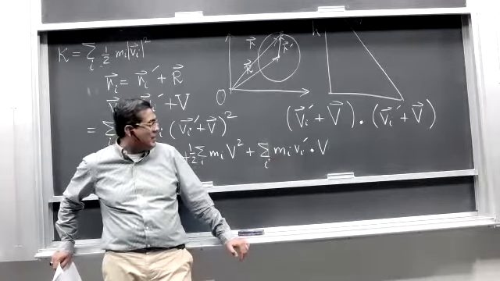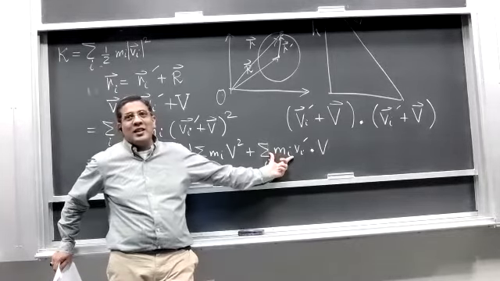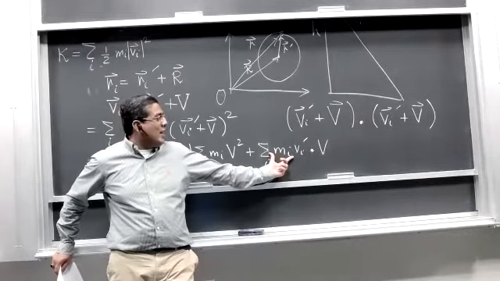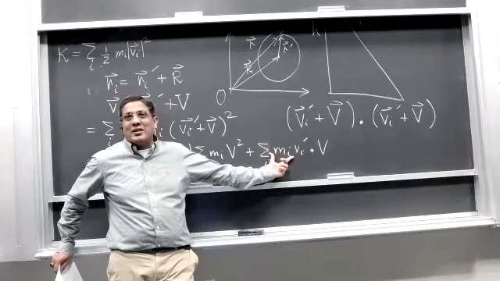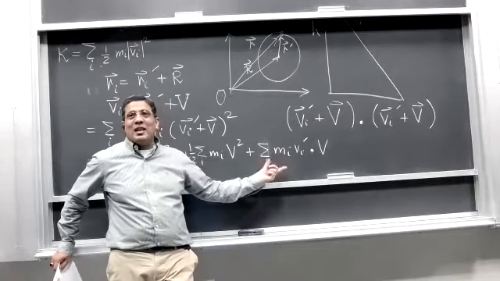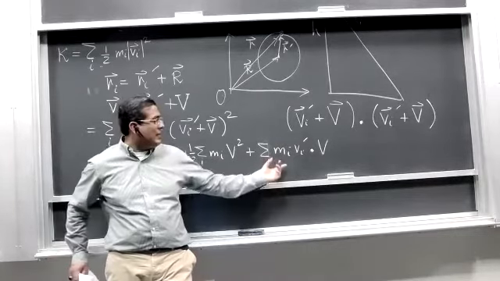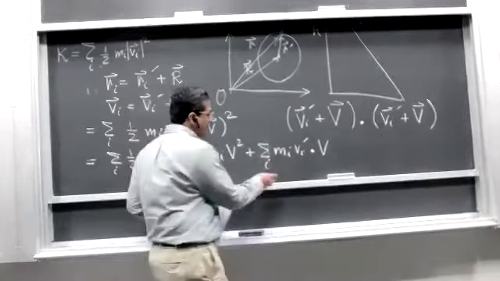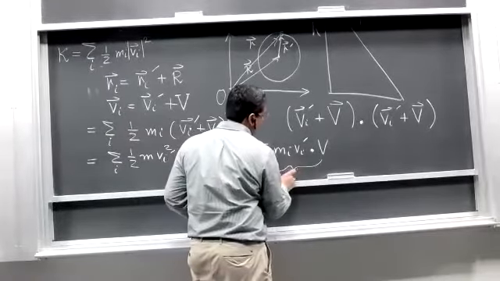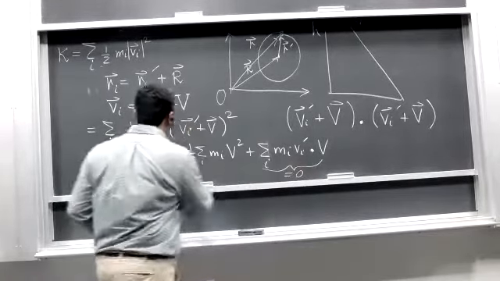Yes. So this sum is the velocity of the center of mass in the center of mass frame. So it's 0. So we're only left with 2 terms.